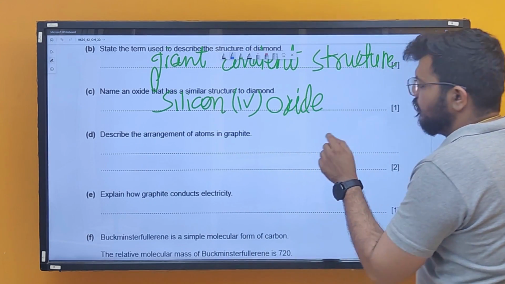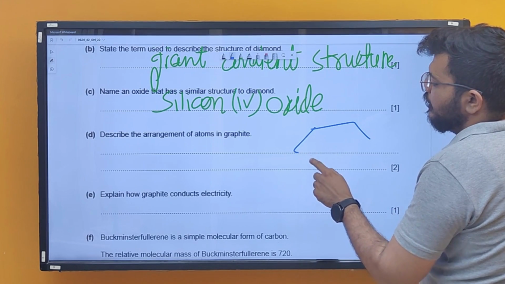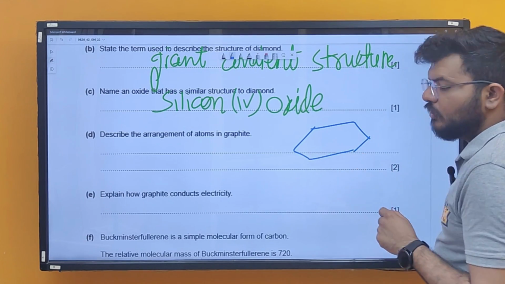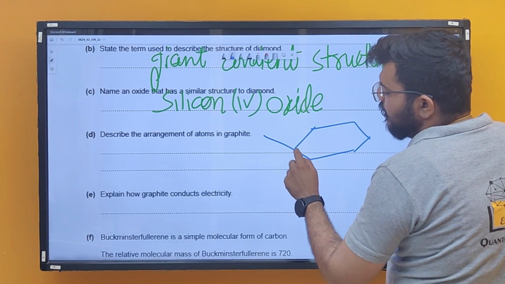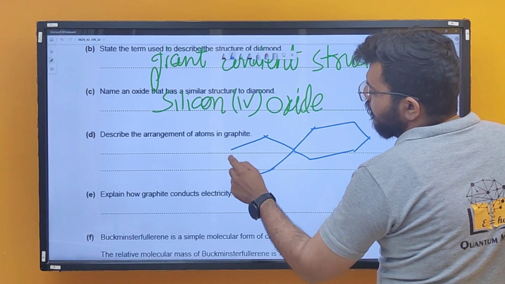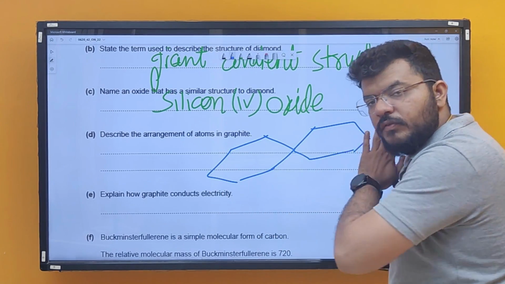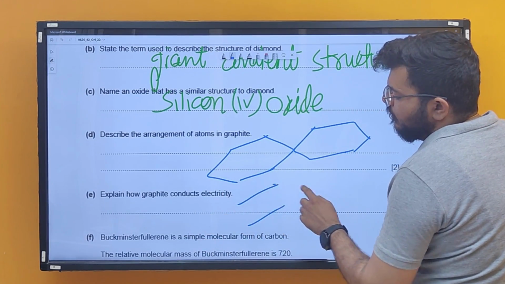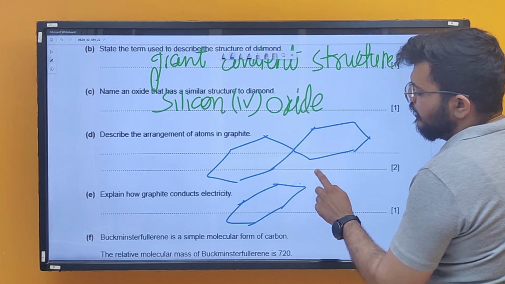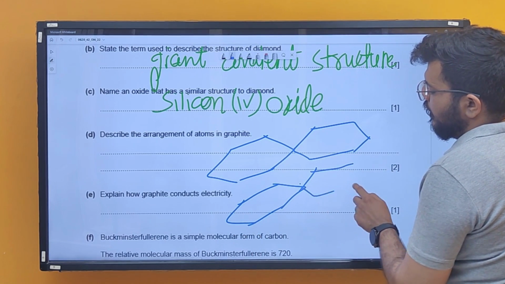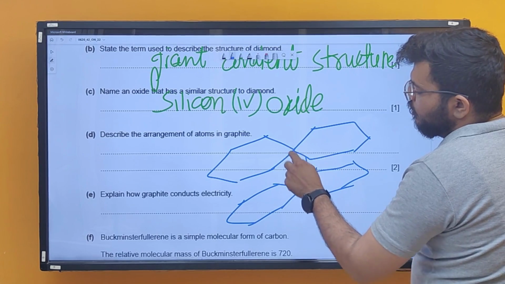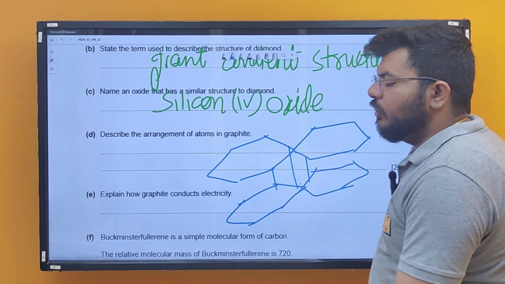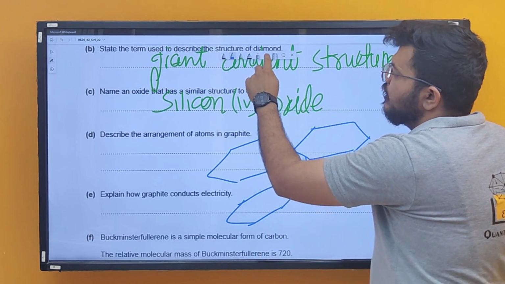So what happens in graphite is there are hexagonal rings. Okay, there is one ring and then it is attached to another ring. So sheets of rings placed one over another, right? There is another ring and then there is bonding between these atoms, right?